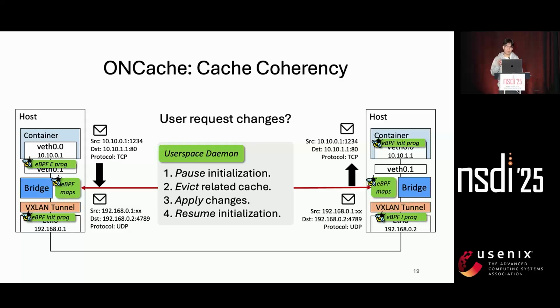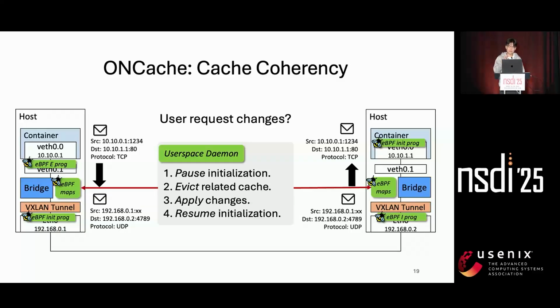And second, network configurations, such as packet filters, can change at runtime. To ensure cache coherency, ONCache adopts a four-step method in the user space daemon to handle network changes. First, the daemon pauses the cache initialization, and then it evicts the related cache entries, so the affected flow will be processed by the original overlay network.